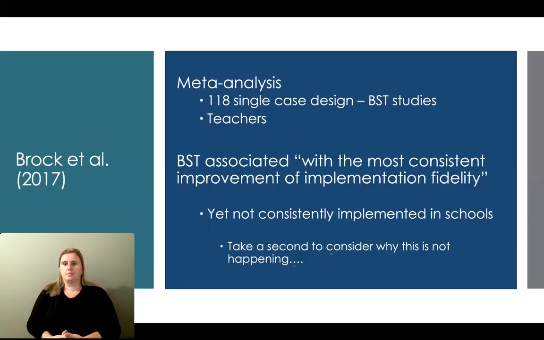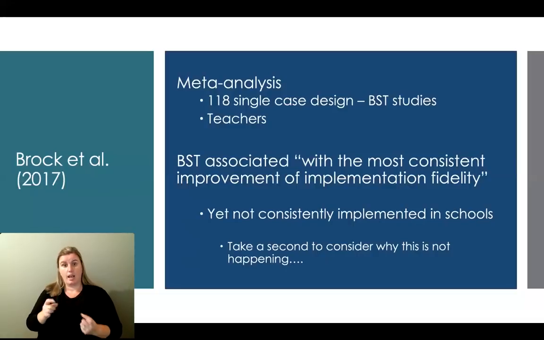Brock and colleagues in 2017 conducted a meta-analysis of studies that evaluated BST with teachers. 118 single-case designs were evaluated, and the authors suggested that BST was associated with the most consistent improvement of implementation fidelity.